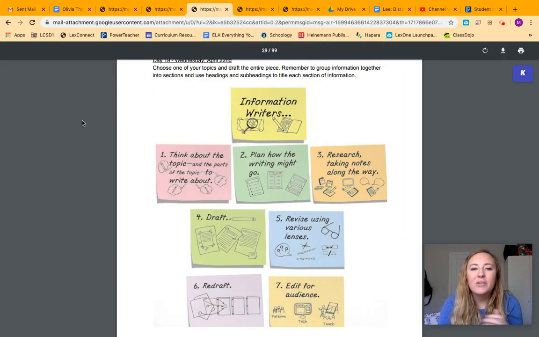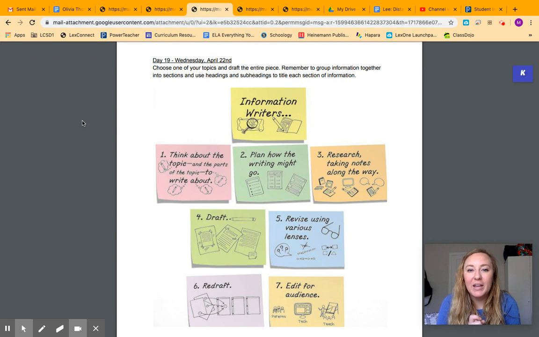All right, so for writing today, you are going to pick one of those topics you came up with yesterday, and you're going to draft the entire writing piece about that topic. Make sure you remember to group information together into sections and use headings and subheadings to title each section of information. Think about when we did feature articles. You had your introduction, and then when you got to other information, you had headings for each one.